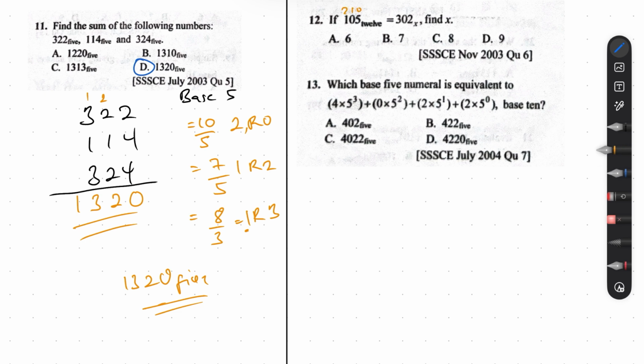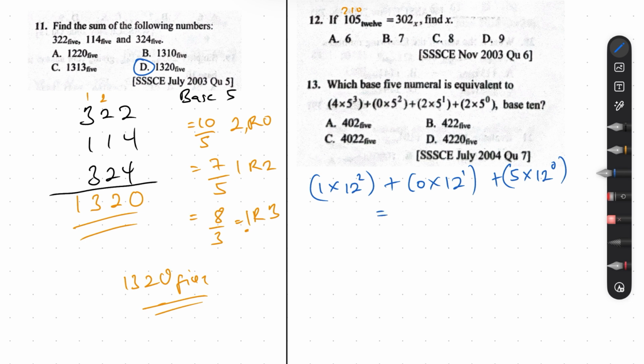Okay, so we have 1 times 12 to the power 2, plus 0 times 12 to the power 1, plus 5 times 12 to the power 0.